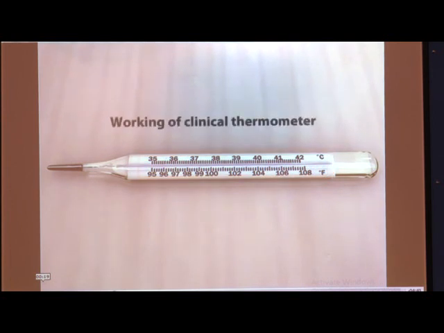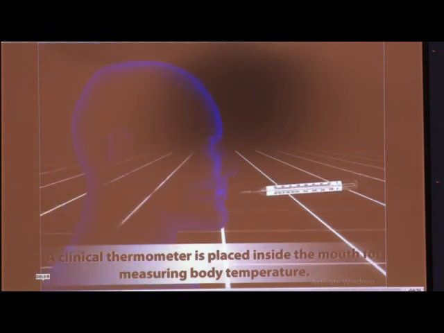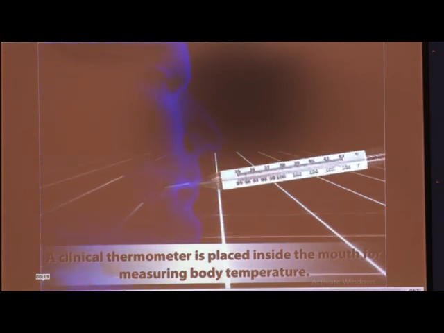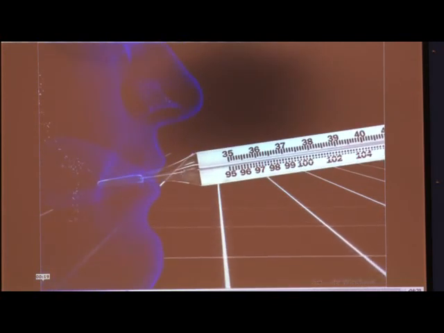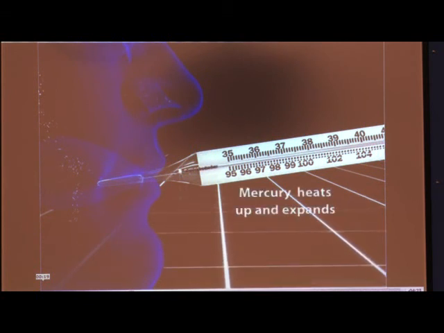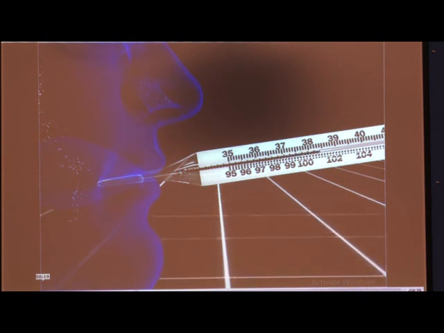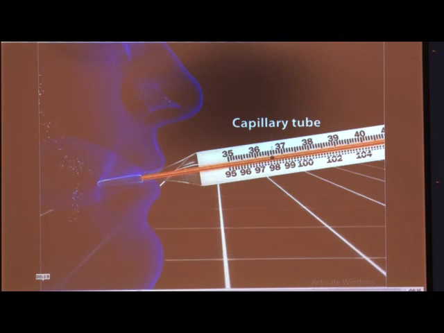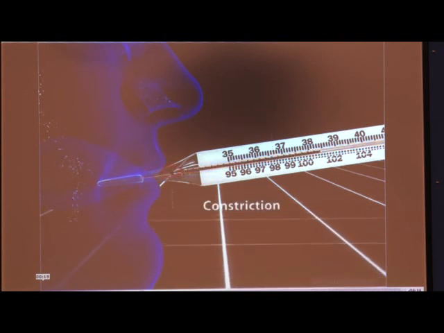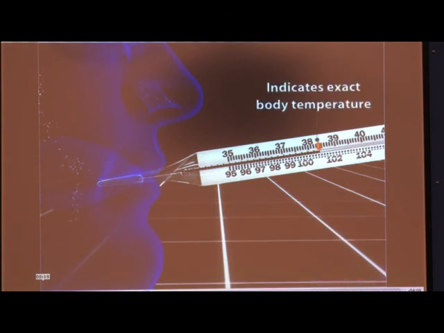Let us now see how a clinical thermometer works. A clinical thermometer is usually placed inside the mouth for measuring body temperature. Because of the body heat, the mercury inside the bulb heats up, expands, and rises to a certain level in the capillary tube through the constriction. The new level to which the mercury rises indicates the exact body temperature.